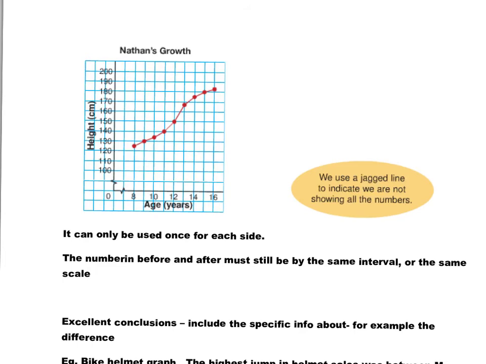So remember, we've talked over and over again about your numbering has to be in intervals. It has to be in ones, it has to be in tens, it has to be in fives, whatever. This little thing allows you to jump and not count by that particular number. So for example here, we've recorded the growth at age 8, which starts at about 125 centimeters.